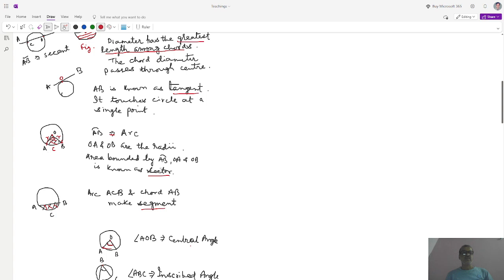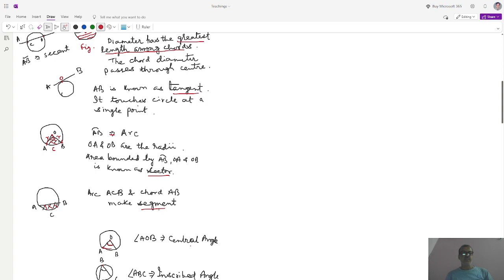Sector is associated with the center, sector and center, right? But segment is not associated with center. Segment is associated with the arc and chord only. So, you have to remember the difference between the two terms.